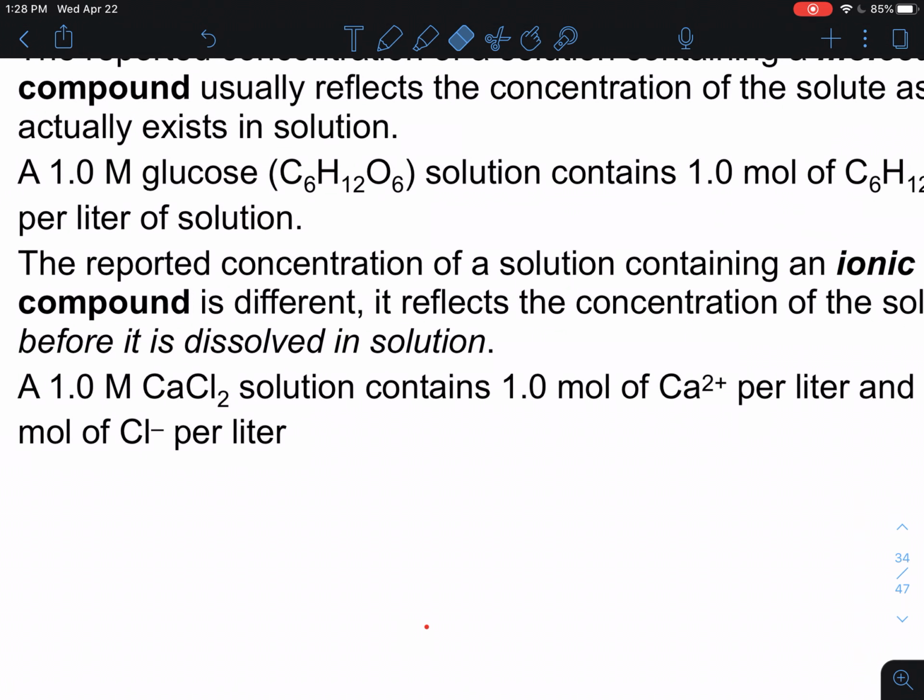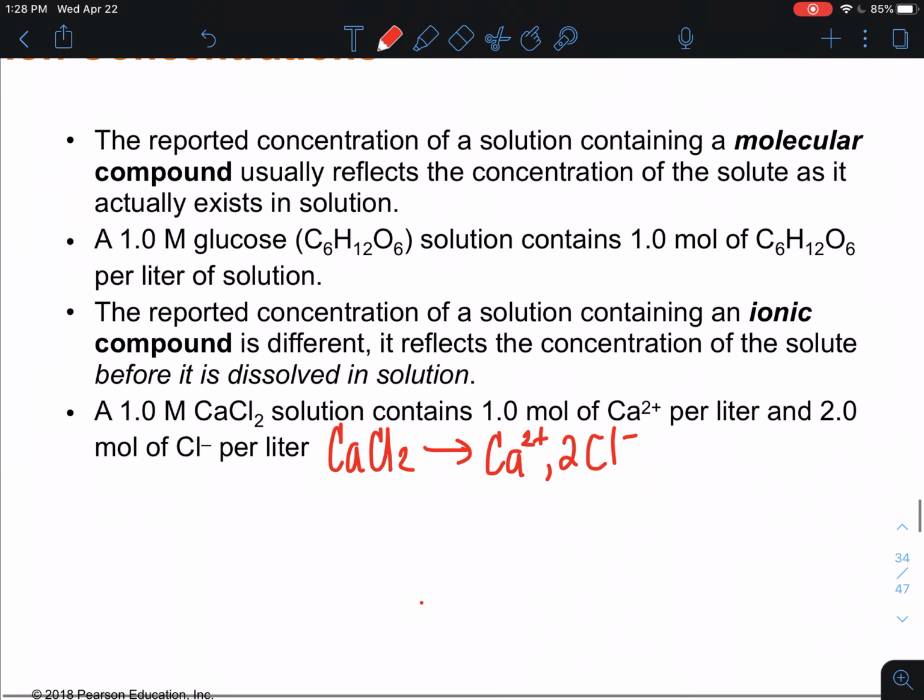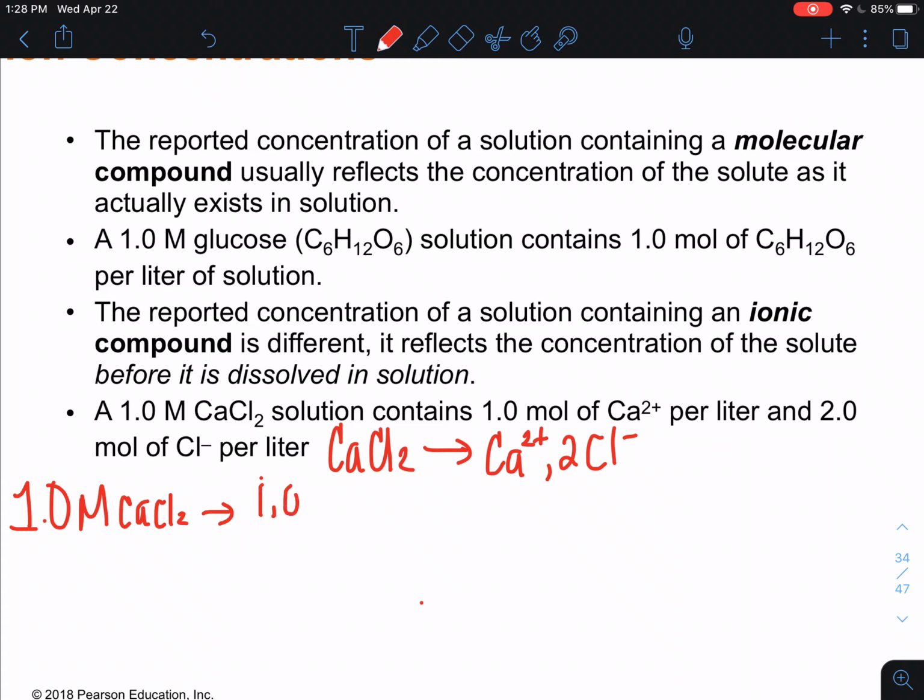So again, we know that CaCl2 dissociates to form Ca2+ and 2 chloride anions in water. If we have a 1 molar CaCl2 solution, that means there's 1 mole of CaCl2 per 1 liter of solution.